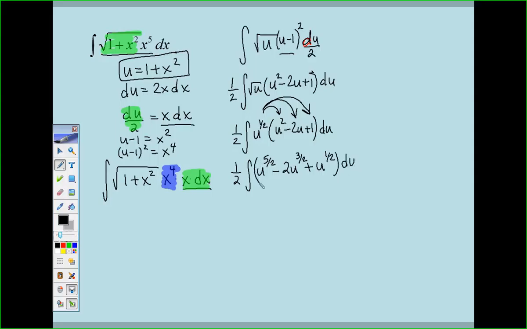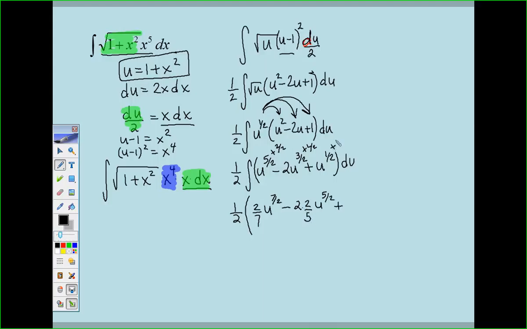Now we can find the antiderivative term by term. So we'd have 1/2. Here we're going to add 1 to the exponent. So we'd have u to the 7/2 divided by 7/2, or if we invert and multiply, minus 2 times, now when we add 1 here, we'd have u to the 5/2, but we would invert and multiply, so we'd have times 2/5.